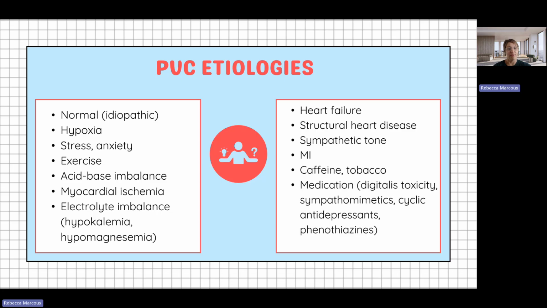Most of them are going to have, at least for a while, an increased sympathetic tone while their body compensates for their illness. So some of these are not super avoidable. But when we're thinking about patients that have a lot of PVCs, there are some things we can think about correcting, like hypoxia, acid-base imbalances, electrolyte imbalances, and what medications they are on.